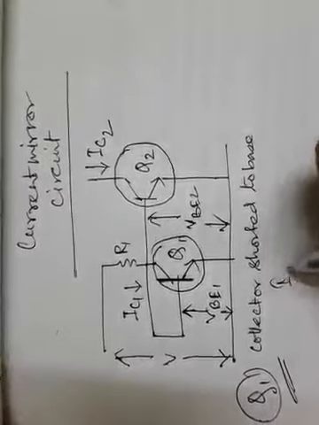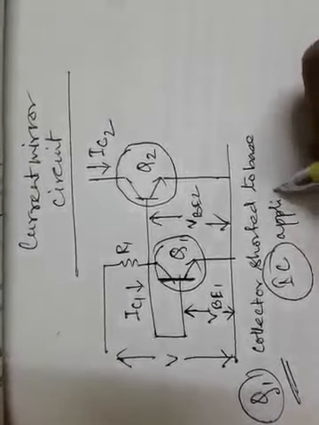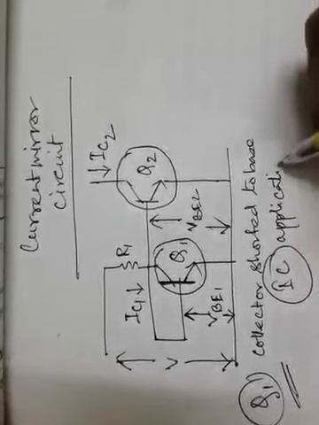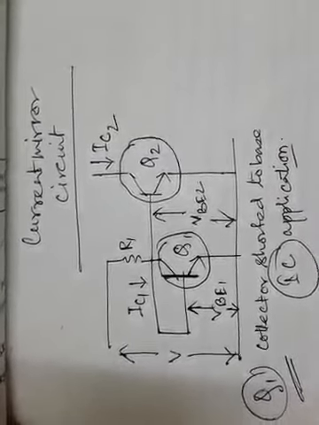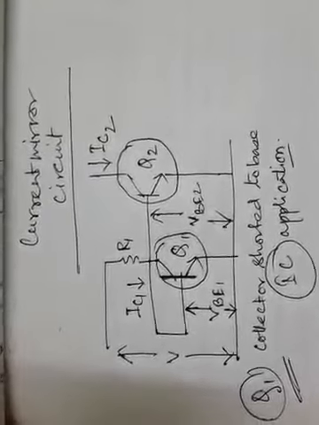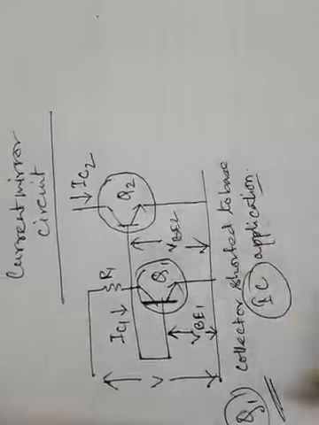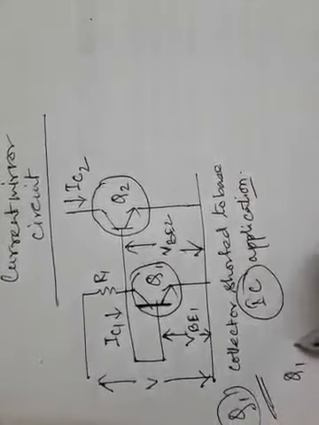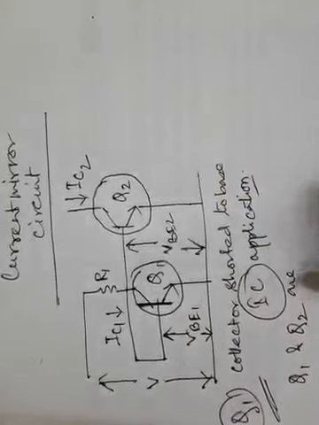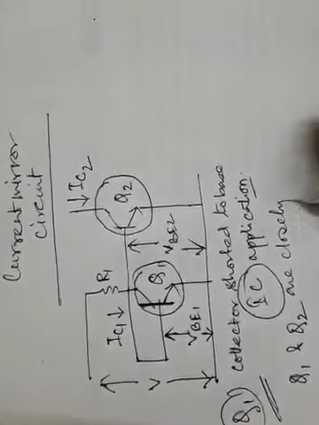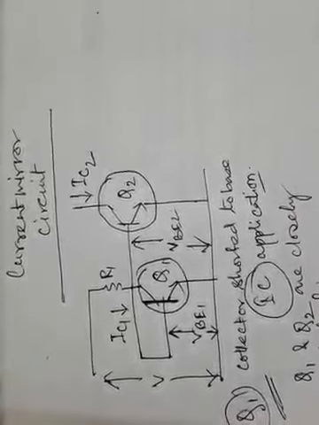So their operations are primarily for IC applications, where it is based on the fact that the transistors are closely matched. So in a current mirror circuit, the transistors, that is Q1 and Q2 here, the connected transistors, are closely matched, and you can see the connections.